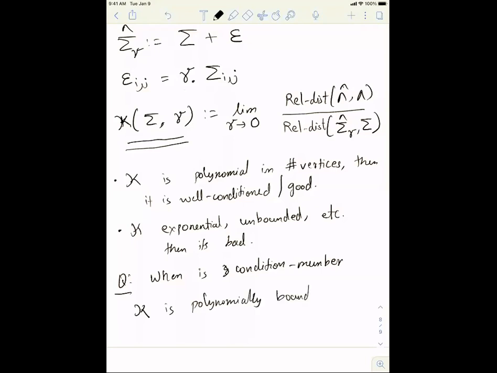Here polynomial is in the number of vertices. Essentially, in the series of papers, or the two papers we have, we're just studying this particular object, and seeing when it works well and when it does not work well, and what are some sufficient conditions we can get to show that this is polynomially bounded. But before I proceed, are there more questions?